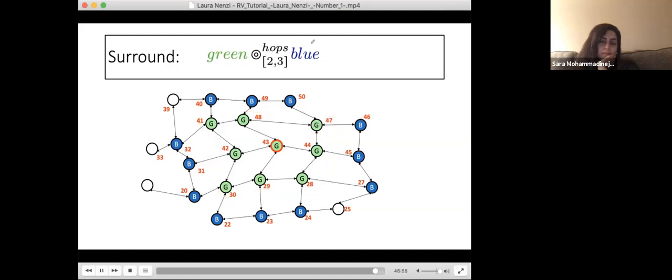To better understand the distance constraint, let's see the same property but with a different distance interval. So instead of 0, 100, we have 2 and 3. In that case, the only location that satisfies that property is the location in the center, location 43, because it's the only one for which there exists a green region where all the elements satisfy the green property, and they are at a distance less than 3 from location 43.